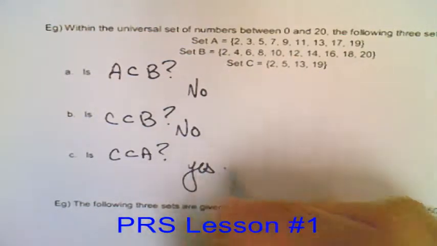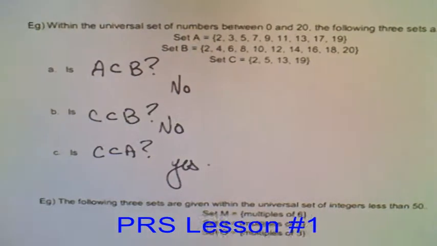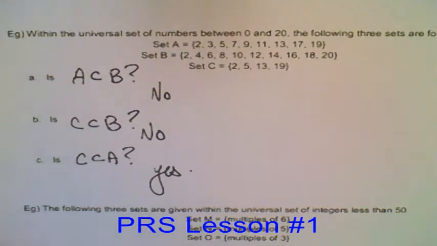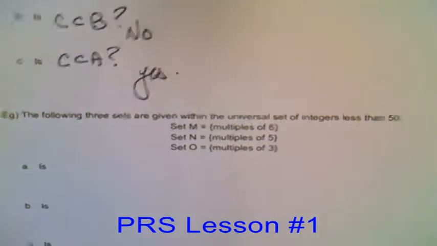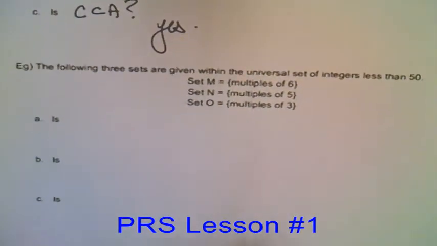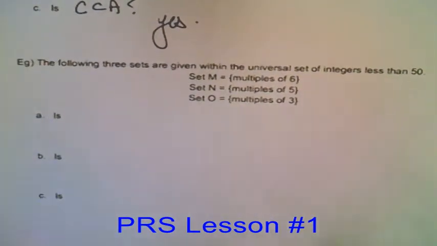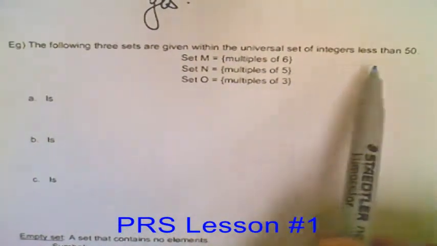C has got a 5, A has got a 5, C's got a 13, A's got a 13, C's got a 19, A's got a 19. Since all of the elements in C are also in A, yes, it's a subset. Now, it could be exactly the same size. It could be everything, but all of them are there. That's okay. That's allowed.